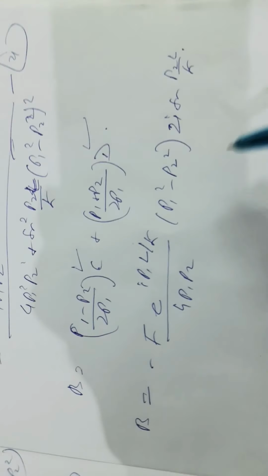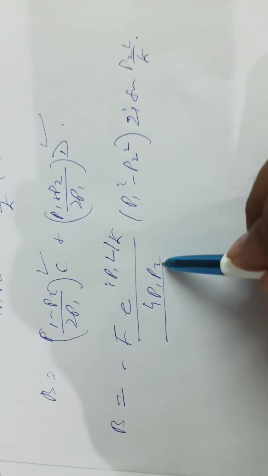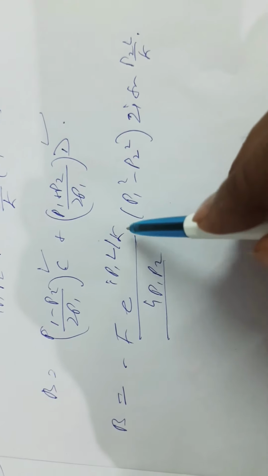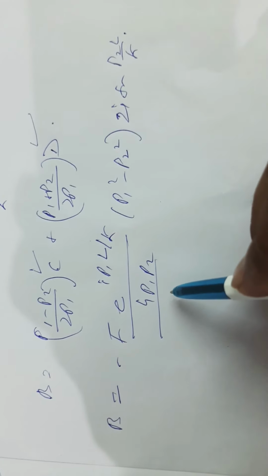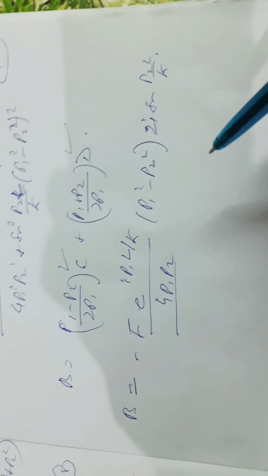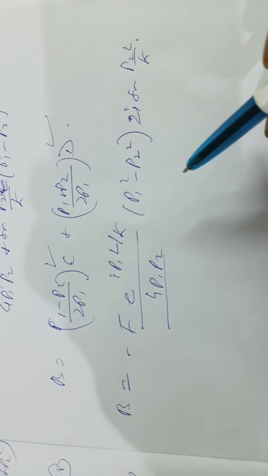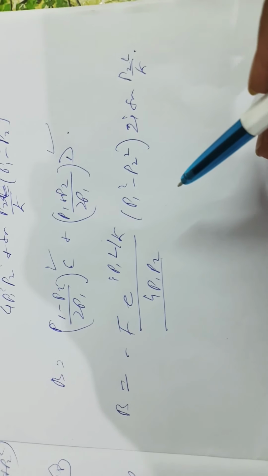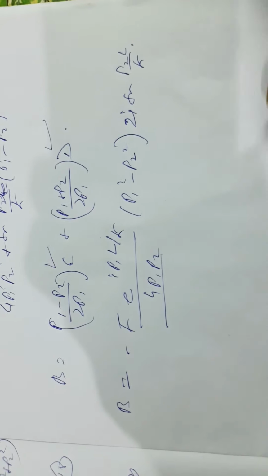Substituting the value of this f e to the power i p1 l by h cross by 4 p1 p2, from the equation we already obtained, that is f by a1. So we'll substitute from there.